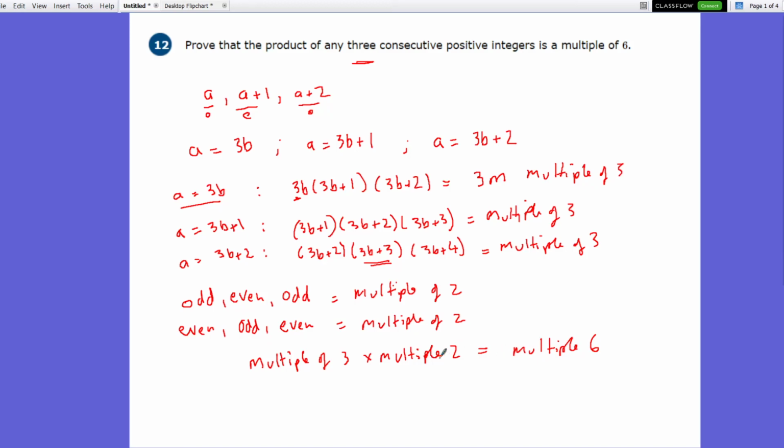So to prove that the product of any three consecutive positive integers is a multiple of 6, we end up in this situation, which is true. We're always going to end up with a number which is a multiple of 6.